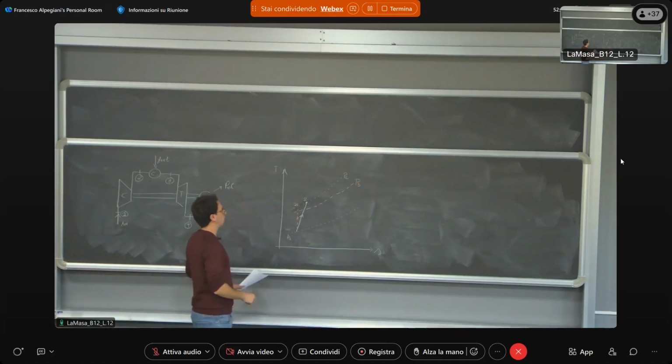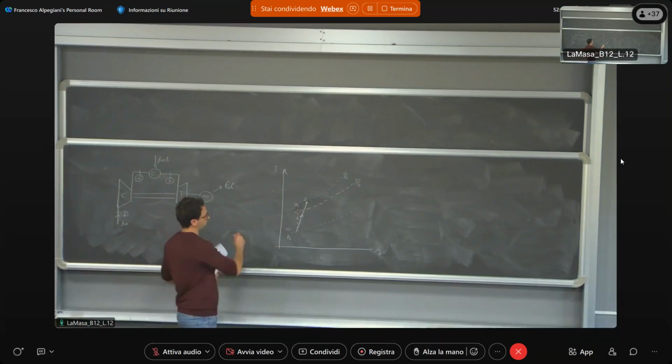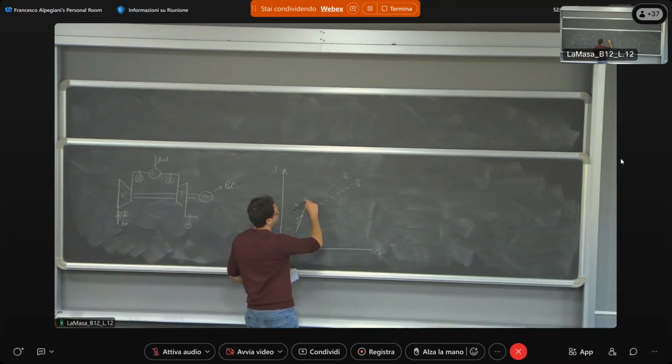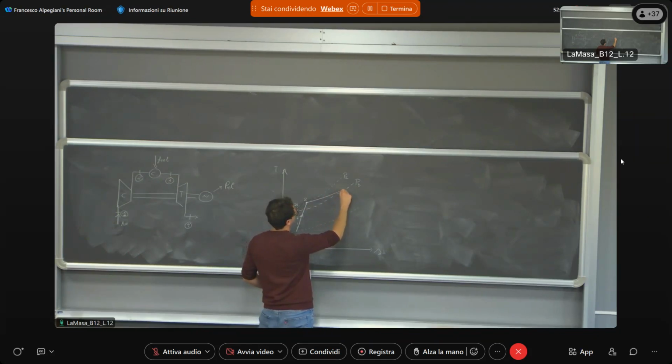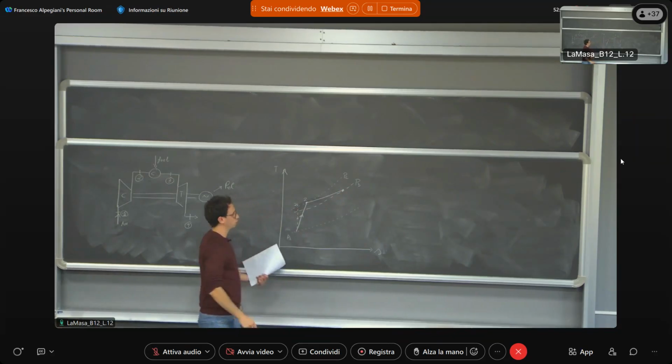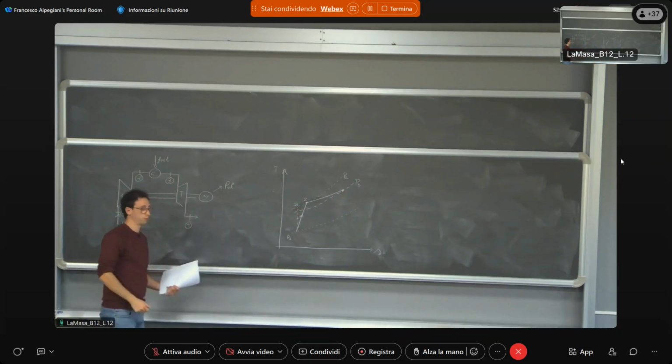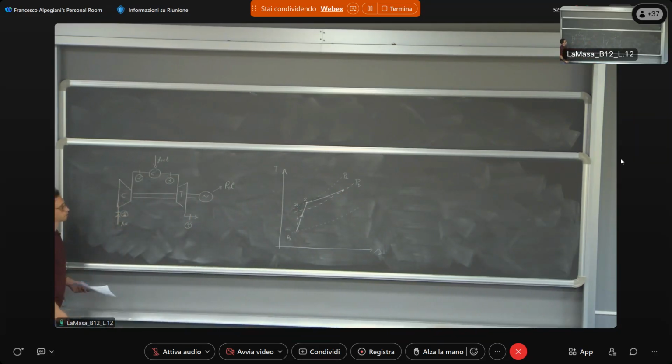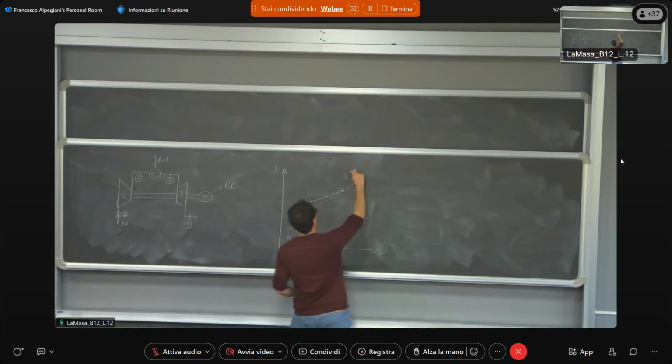After the combustor, essentially, we increase the temperature because we are burning fuel with air. And we will go to a pressure which is lower with respect to P2, okay? So in this case, P2 is higher than P3.